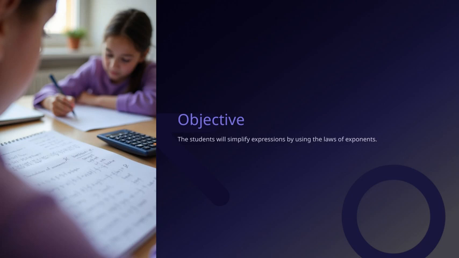These laws are the foundation for simplifying expressions like powers of products or quotients. As we go through this, keep in mind that mastering these laws will make tackling algebra problems much more straightforward and help you see the structure behind exponential expressions. So, by the end, you'll be comfortable applying these laws to simplify any exponential expression you encounter.